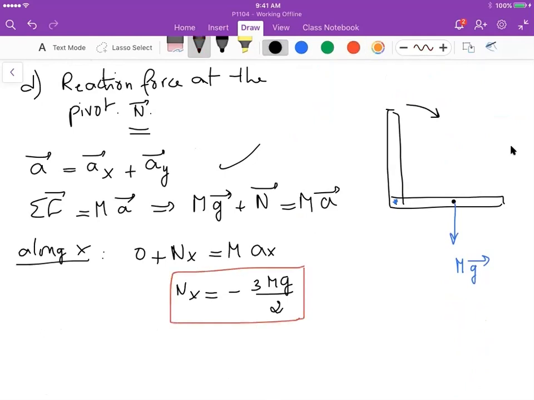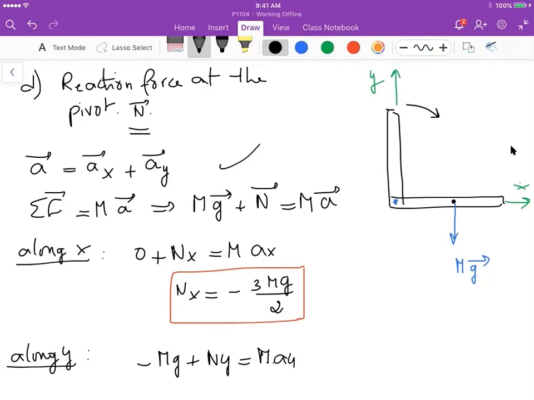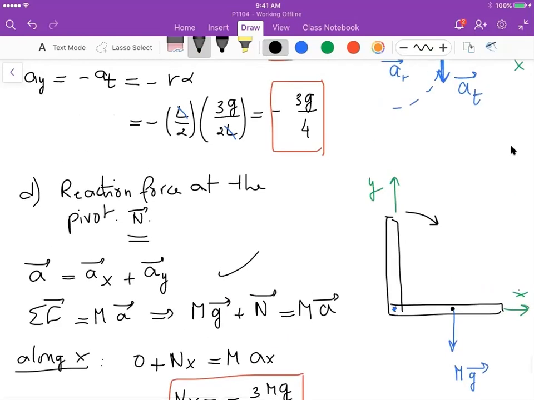Now, if we make the projection along the y-axis, what do we end up with? Now along the y-axis it is a bit different, because along the x-axis we did not have any other force, but along the y-axis we have the mg force, right? So we can write down minus mg plus ny is equal to m multiplied by ay. And ay is equal to minus 3g over 4.